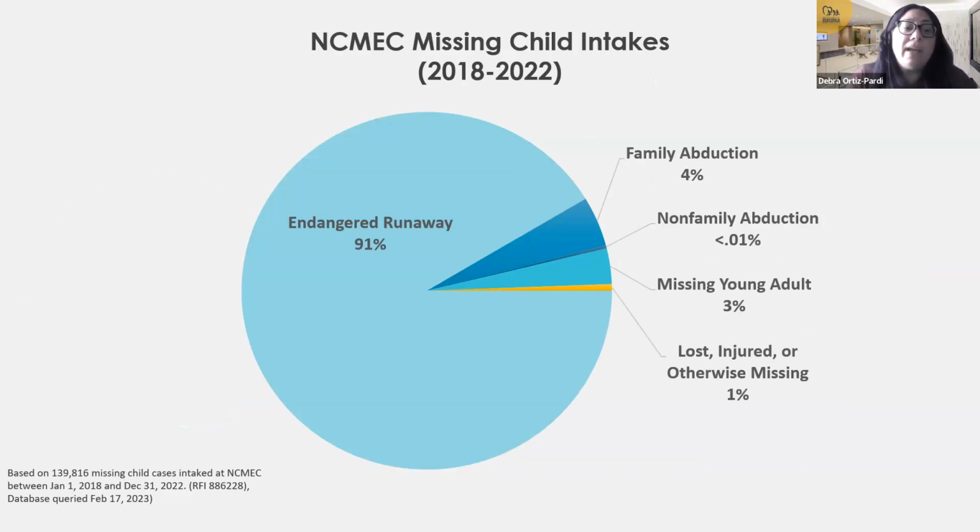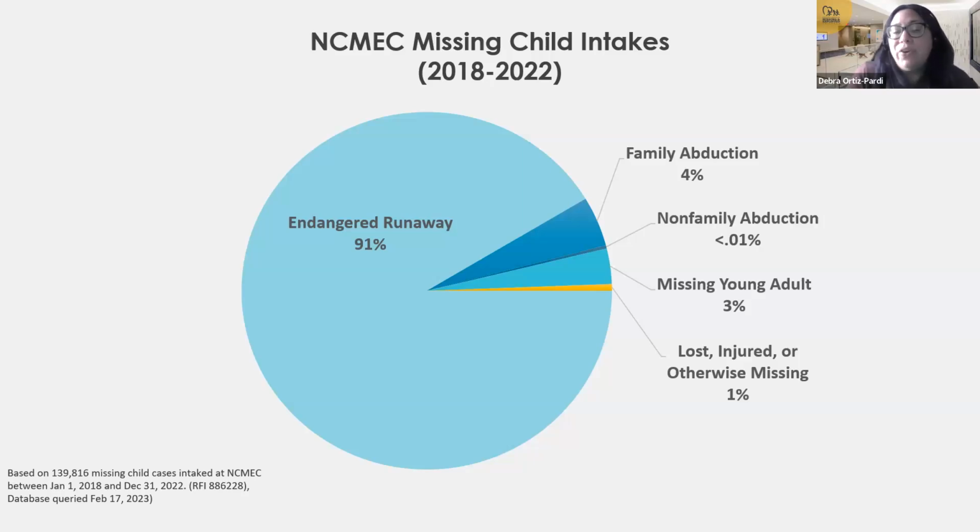So this pie chart just shows the types of cases that the National Center handles, and it also shows you the volume of the case types over the last several years. And as you can see, over 90% of the reports that come to the National Center involve children who had run away.